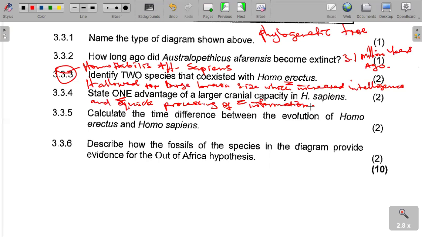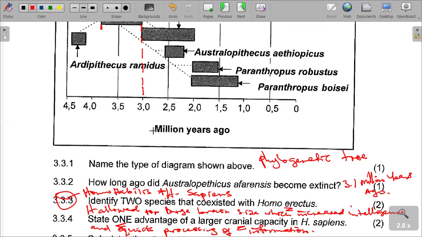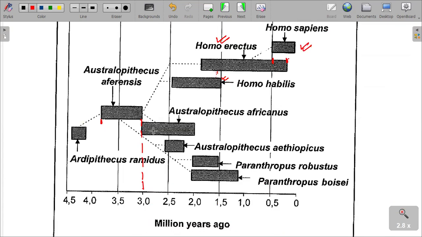And then calculate the time difference between the evolution of Homo erectus and Homo sapiens. So we are just saying the time difference between Homo sapiens and Homo erectus.